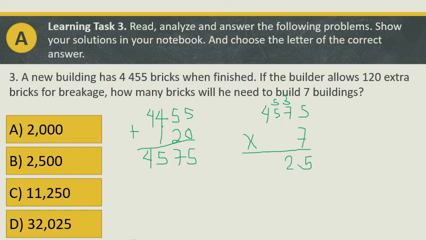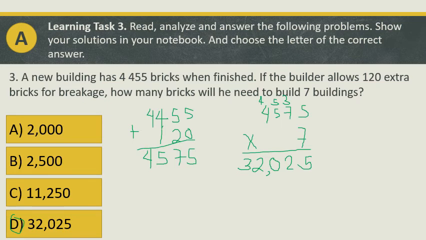Carry 5. 7 times 5 is 35, plus 5 is 40. Carry 4. 7 times 4 is 28, plus 4 is 32. Okay, so ang total bricks na kailangan po para makapag-build ng 7 buildings is 32,025. So, ito po, letter D.